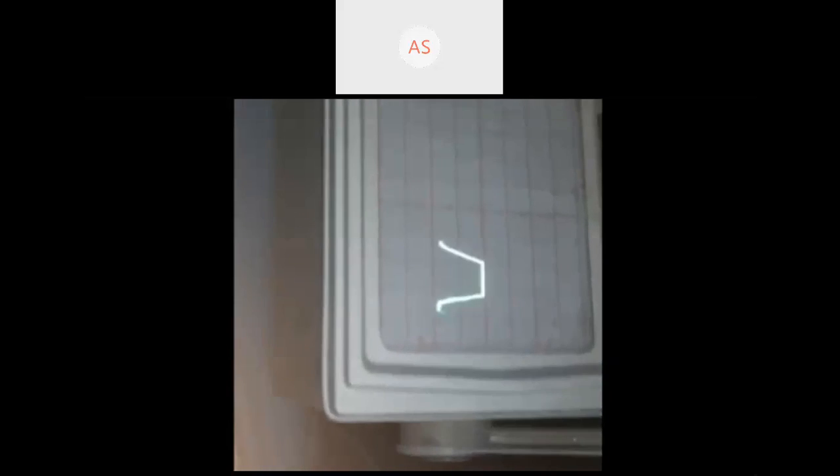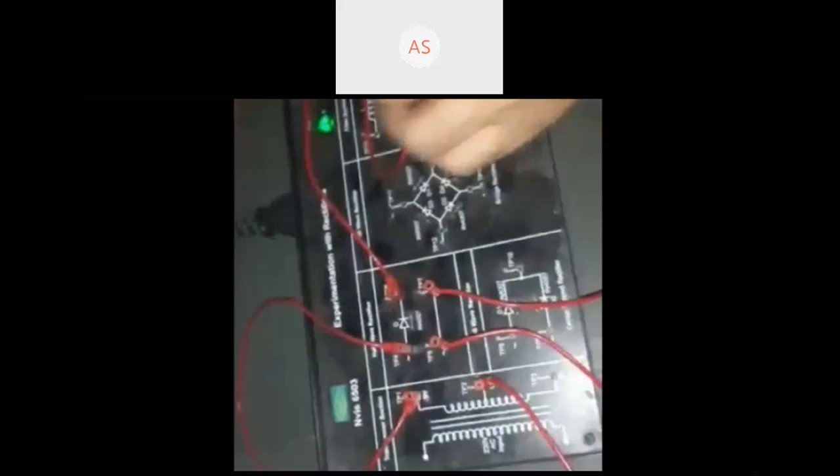Here you will see 1 block, 0.2, 0.4, 0.6, means 1.6 multiplied by 5 is the value of Vm.